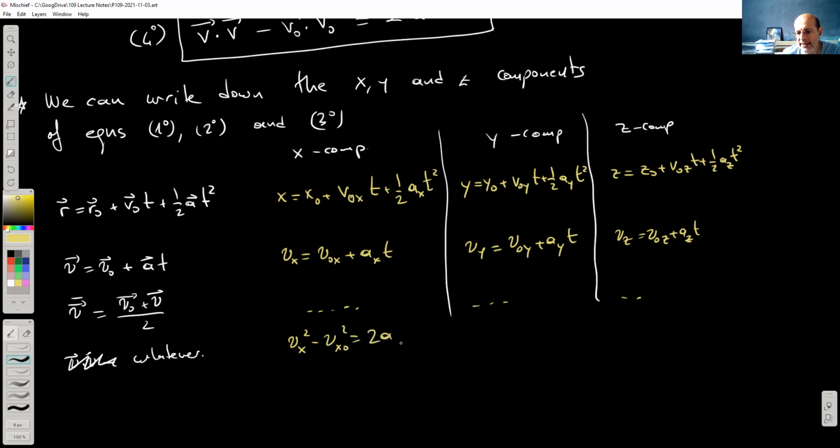So this is valid. For the y component, I can also write down the same thing, right? And for the z component as well. All right, it's basically the same equations. I just changed all x's with y's and z's, all right?